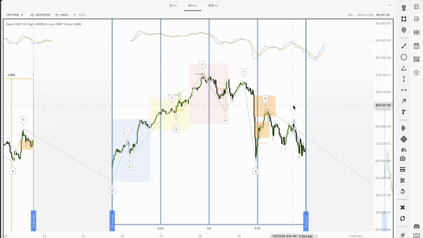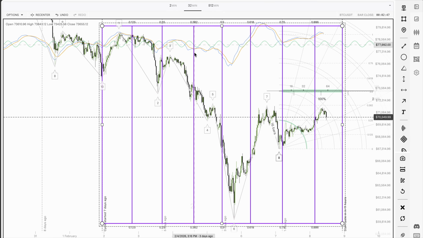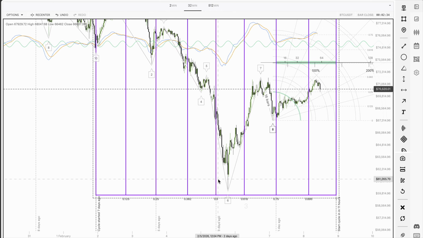I just had these extra lines. These are Fibonacci numbers that go across time-wise, so left to right. 3 is always before the 0.382. 5, always around the 0.5, or 4 will usually be around this 0.382 over. 6 always comes, of course, after the first half, and usually around the 0.618.